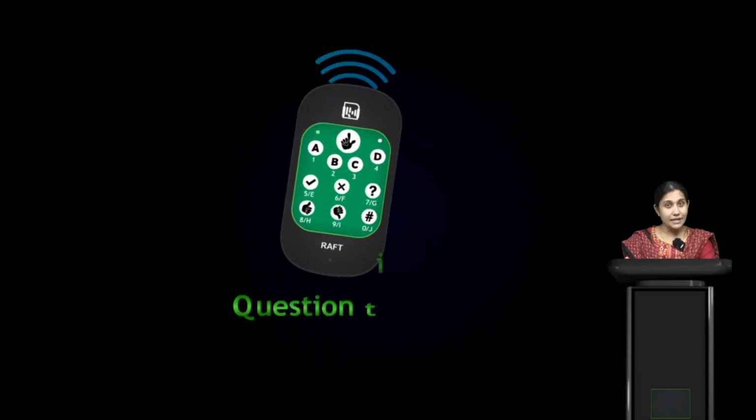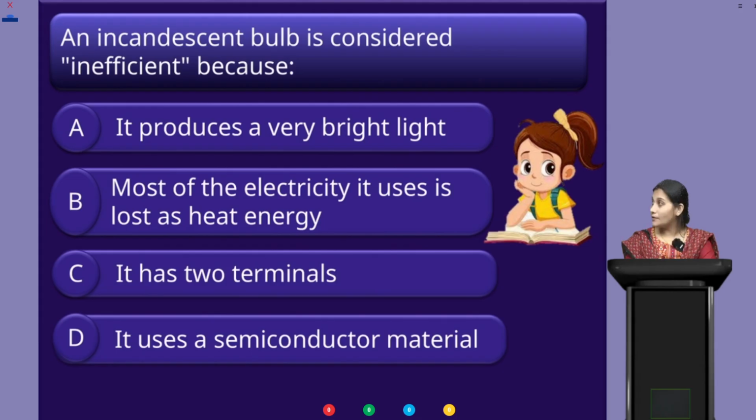Children, now it's your second question. Let's see what question you have. An incandescent bulb is considered inefficient because it produces a very bright light. Most of the electricity it uses is lost as heat energy. It has two terminals and it uses a semiconductor material.